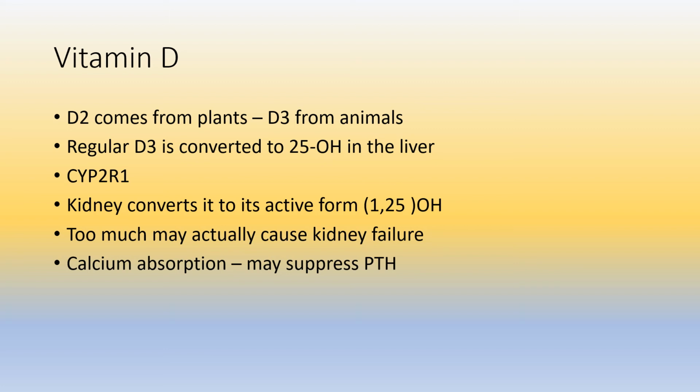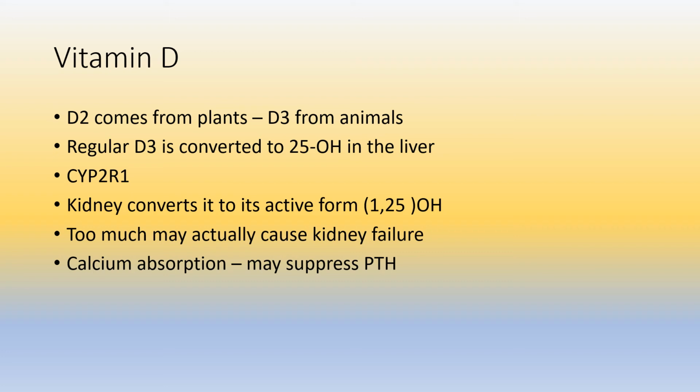Vitamin D2 comes from plants, D3 from animals. The general feeling is D3 is probably preferred, although the evidence is sort of circumstantial as opposed to hard evidence. When you get D3 in your system, it has to go through the liver and it's converted to a 25-hydroxylated version.